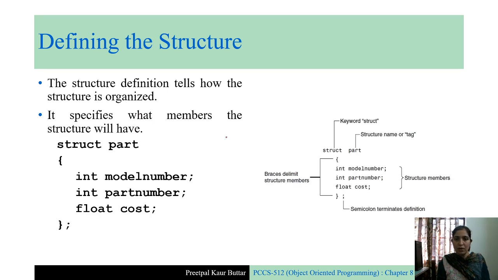The definition contains the keyword struct, then the name of the structure, which is also called the struct tag. These braces delimit the members of the structure. There are 3 members, and remember that you have to end the definition of the structure with a semicolon, right?